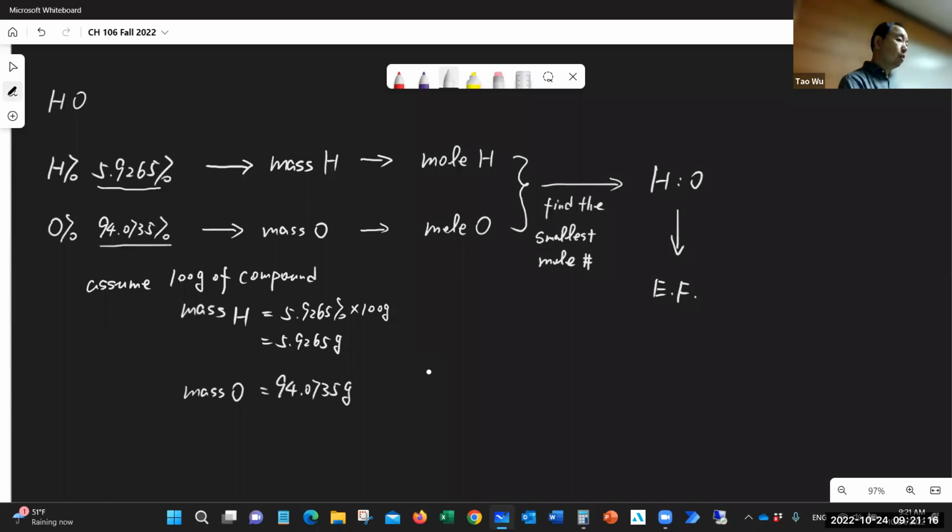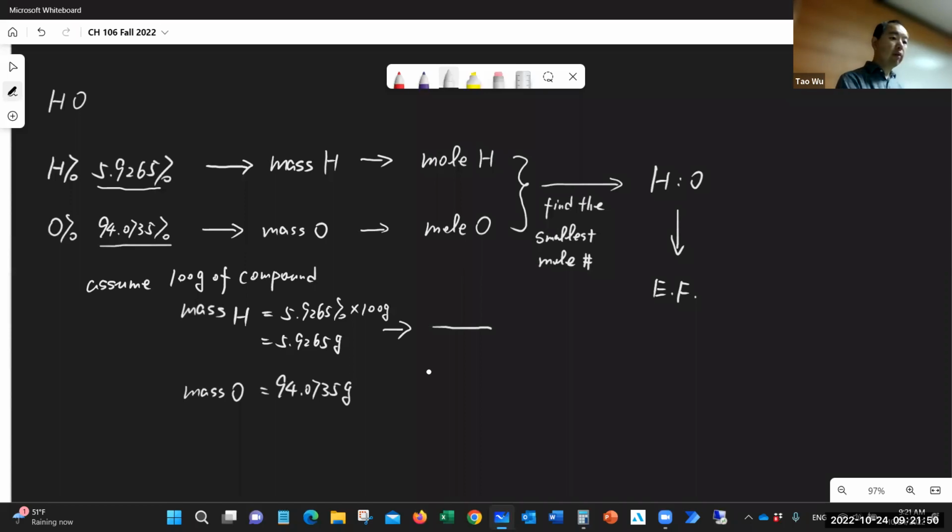Next, you're going to convert to the moles of hydrogen. How do we convert to moles? Mass over molar mass. Mass over molar mass, and you will find the moles of hydrogen. That is why I say we're using the conversion between mole and mass.